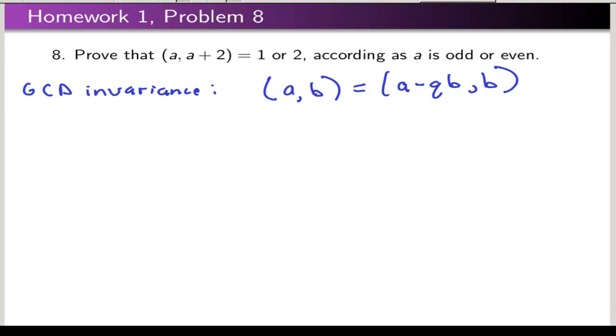And that's true for any integer q. So just use that invariance property and just pretend you are going through a Euclidean algorithm and calculating the GCD of these two numbers. And it should pop out very quickly.